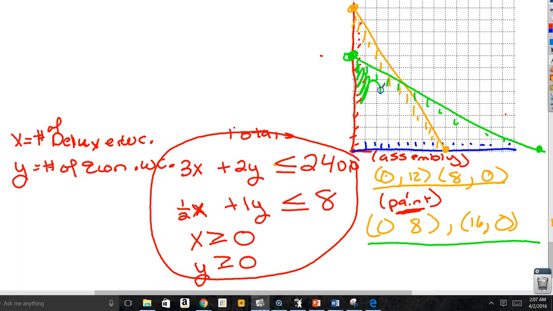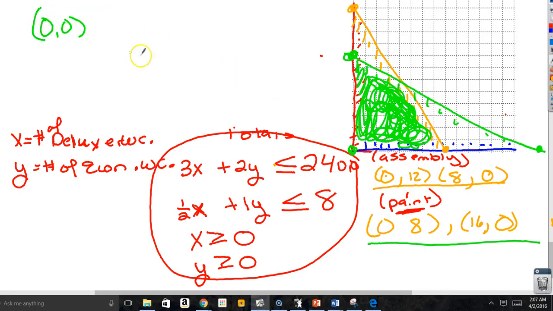So we see that this is where everything is shaded. And let's find the corners. So here's a corner, which would be 0, 0. Here's a corner, which is 0, 8. Here's a corner, which is 8, 0.